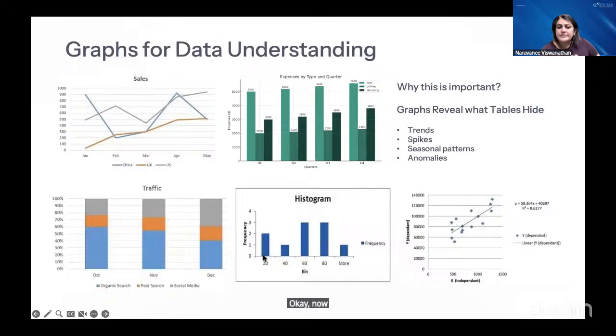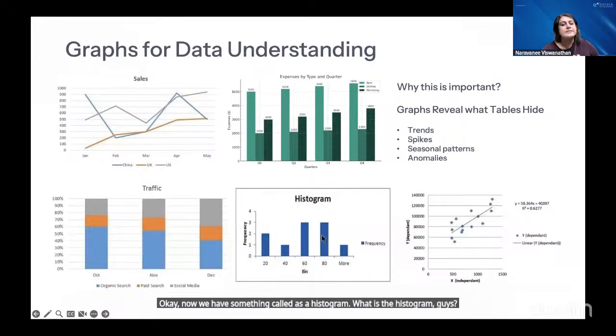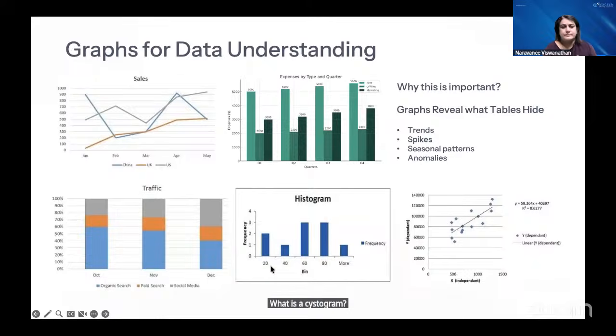Okay. Now we have something called a histogram. What is this histogram, guys? What is this histogram? What is this histogram?